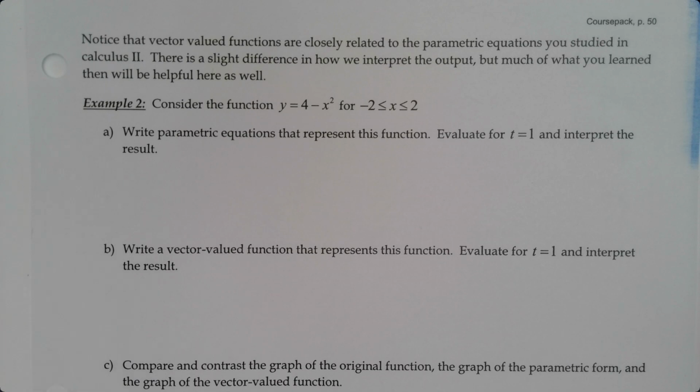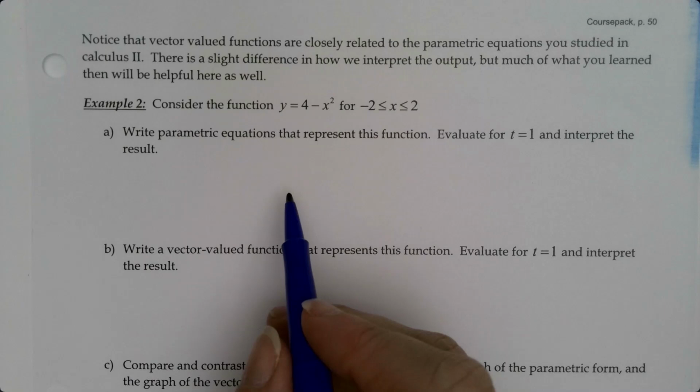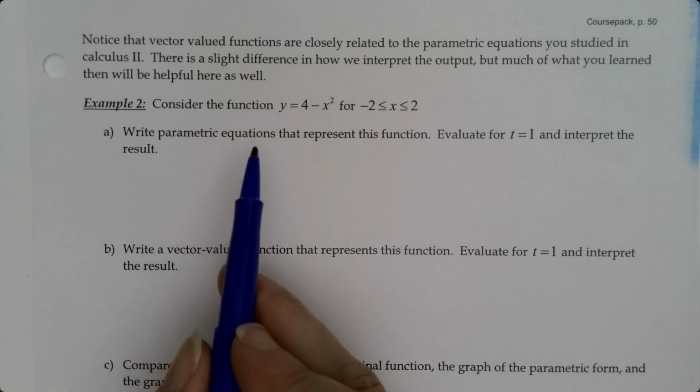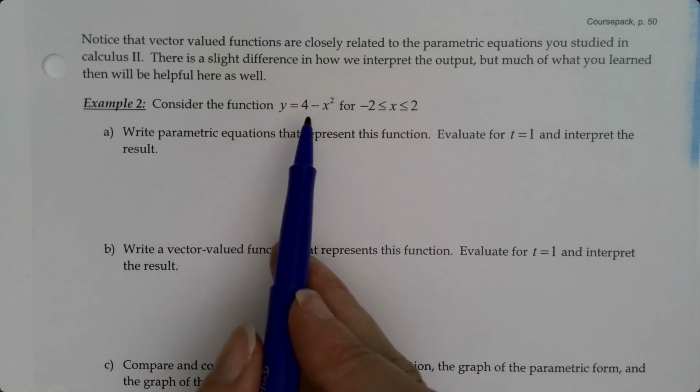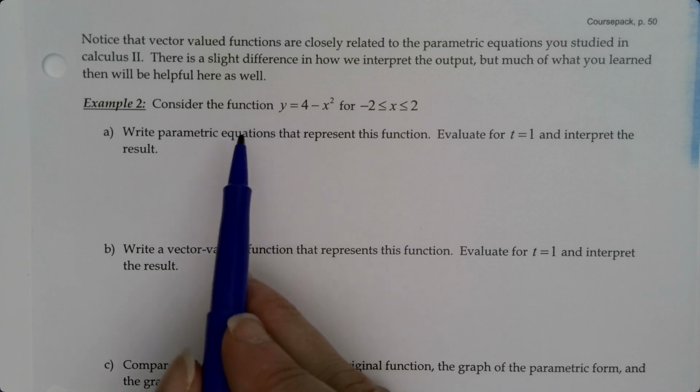So if we write a parametric equation that represents this function and evaluate it for t equals 1 and interpret the result. Okay. So there's a lot of ways, if you remember, that you can write parametric equations for a particular function. Infinitely many, as a matter of fact.